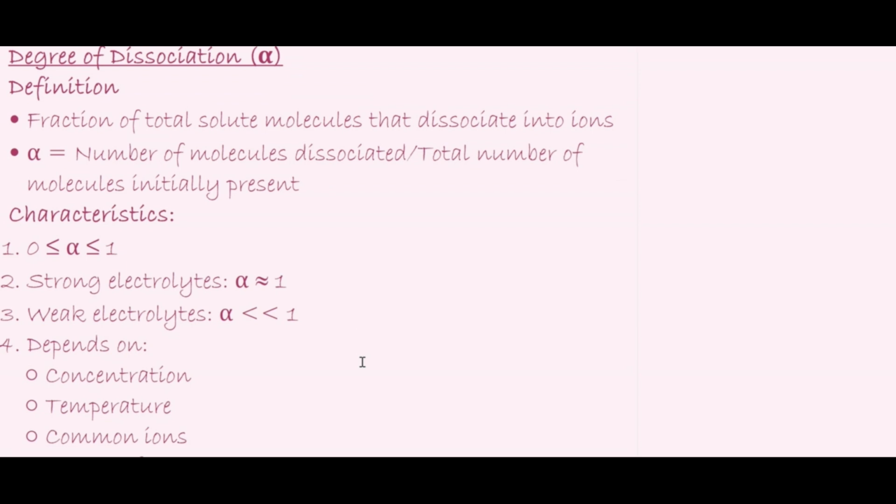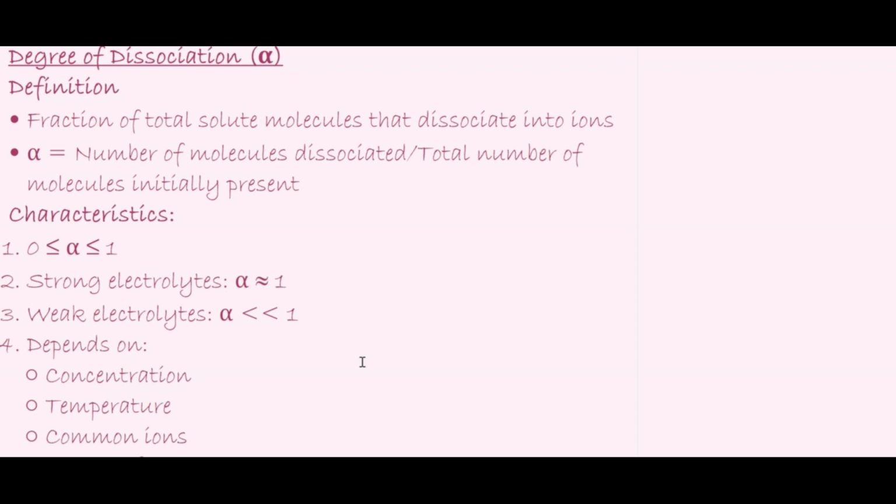Before that, I would like to tell you about the degree of dissociation. Dissociation, as I told you, is how many ions are formed, right? How much it is getting dissociated. Degree is just like an evaluation of a paper, right? Similarly, how many ions are getting dissociated, that is what the degree of dissociation is.